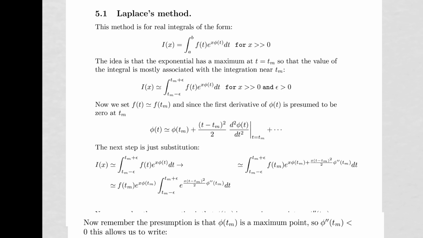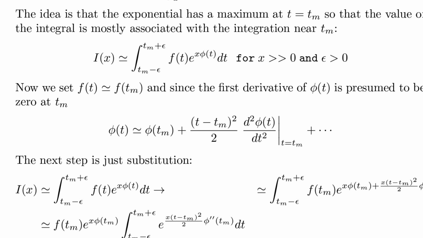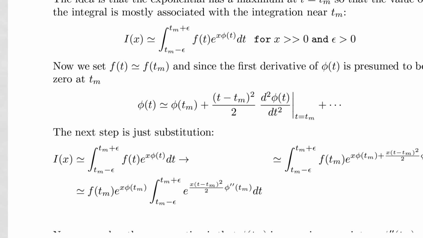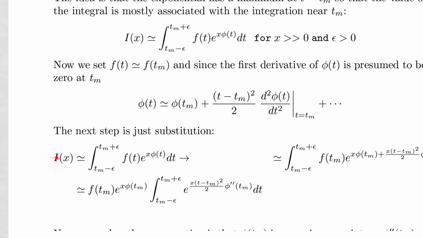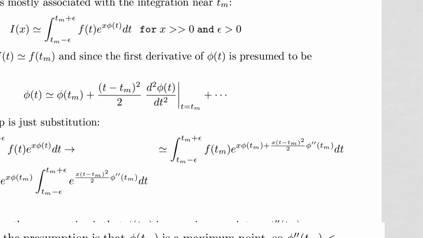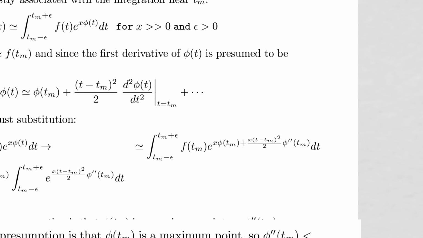So we go back to the integral. Here's our integral, and we put in this Taylor series, right? We ignore the higher order terms. The first order term is 0 because we're dealing with a maximum. tm is a maximum. And you'll notice that the variable of integration t only appears here to the second power. And so our integral now becomes this thing right here.